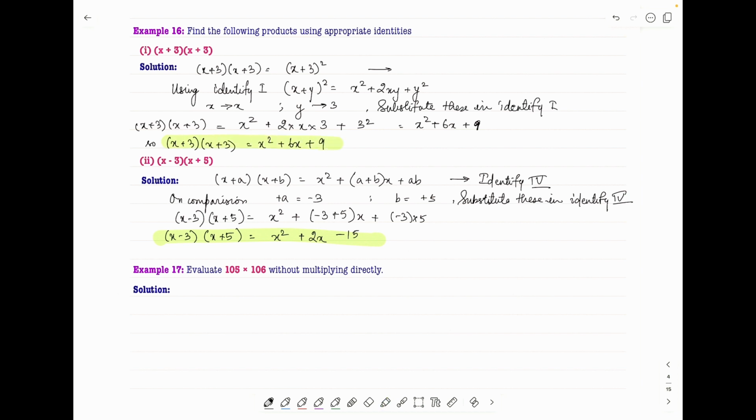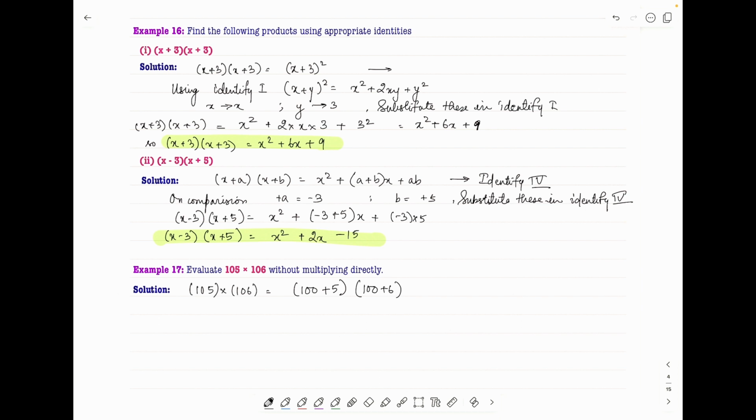Now the third question: evaluate 105 into 106 without multiplying directly. You have to evaluate without multiplying. So how are you going to do it? One way, to make our calculations easier, is to write 105 as 100 plus 5 and 106 as 100 plus 6. So we have 100 plus 5 into 100 plus 6.